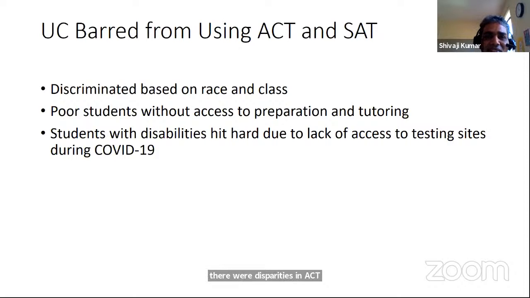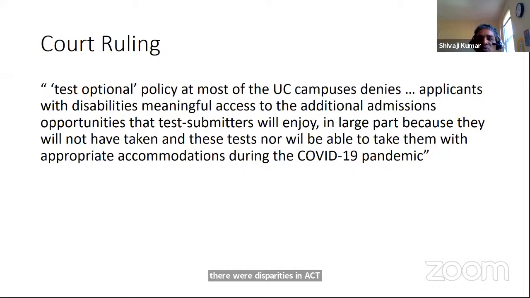Although the court case is still on, the interim decision that was handed out to the University of California was that you can't really use the ACT, because it put students with disabilities at a disadvantage during this pandemic period.